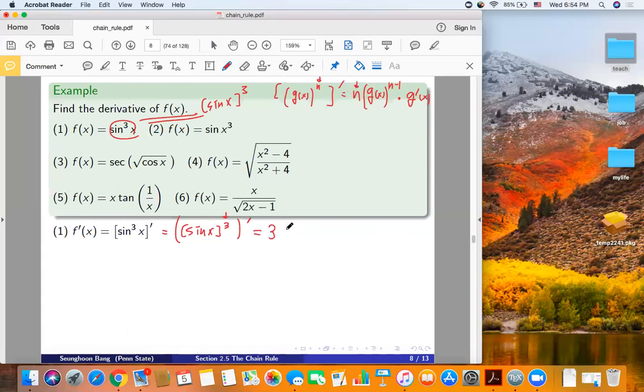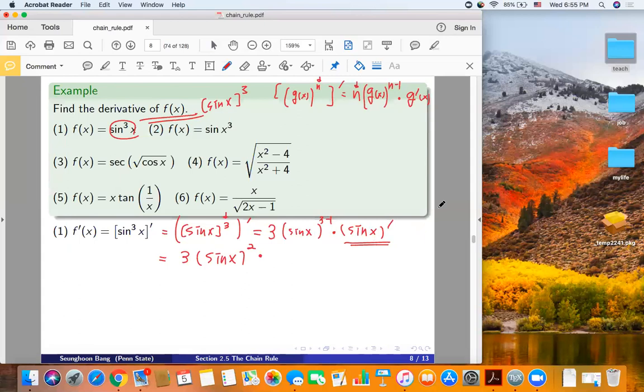The 3 times inner function sine of x to the power 3 minus 1 times inner function prime. So this is the same as 3 times sine of x squared times, remember, what is sine of x prime?